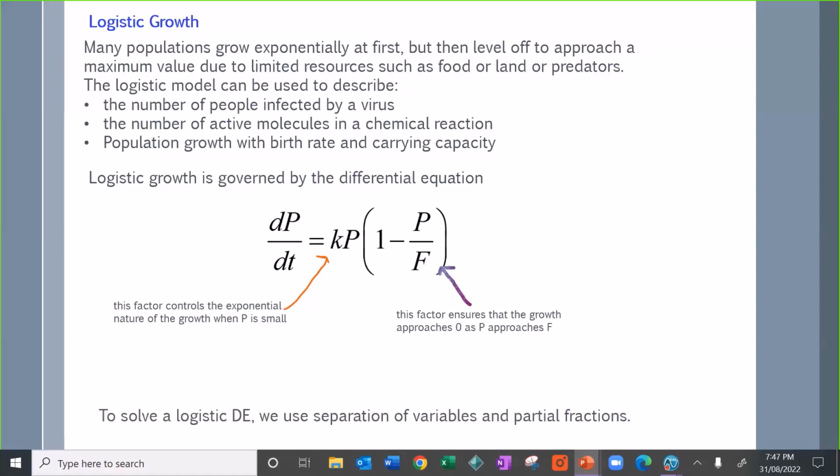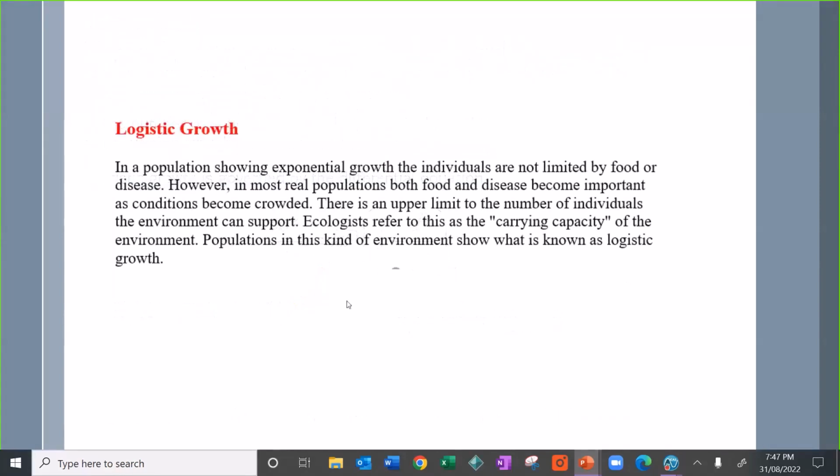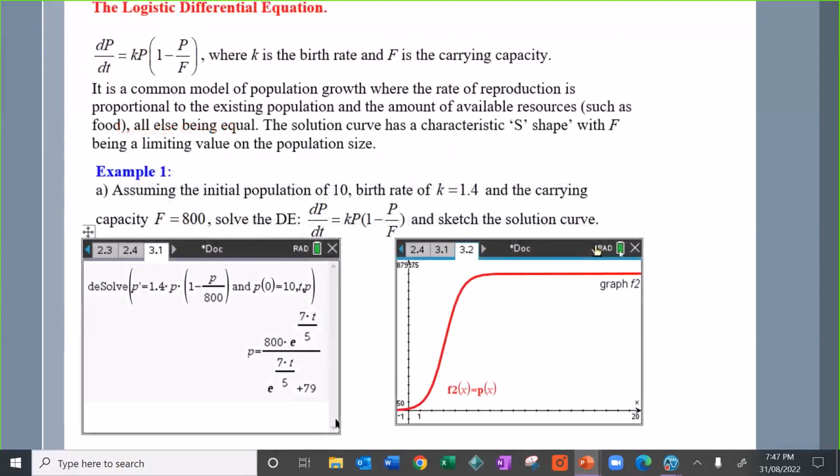So to solve the logistic equation, of course, we use separation of variables and partial fractions, but for tonight, we'll just do it on CAS. So again, we'll look at this upper limit. What we'll do now is try to see how the parameter K will affect our logistic growth and how this shape will change.